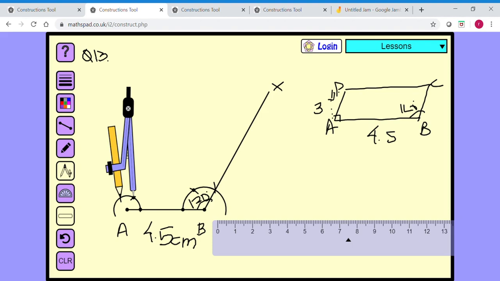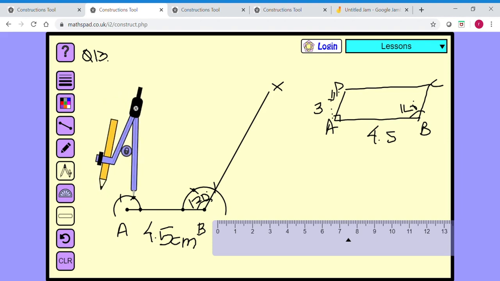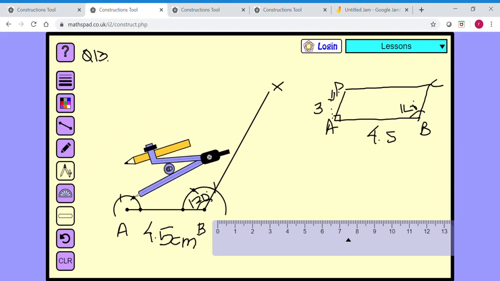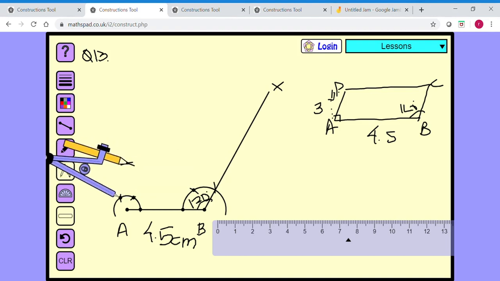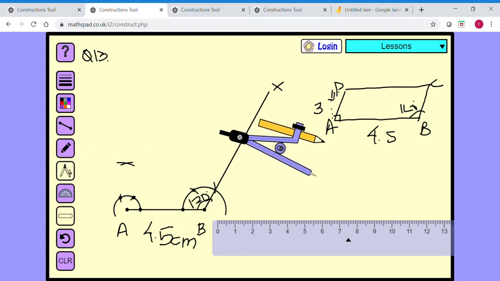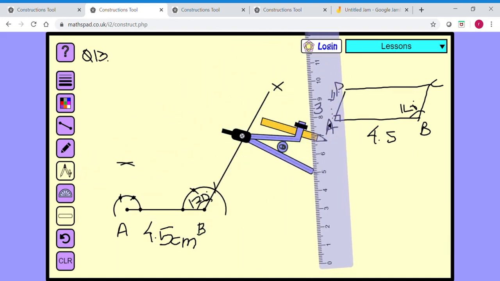I open my compass slightly more, lock it, and at 60, now I draw an arc somewhere in the middle, because this is where somewhere here would lie my 90-degree angle. I pick it up and keep it at the 120-degree point, and I construct an arc again. I've got this point.